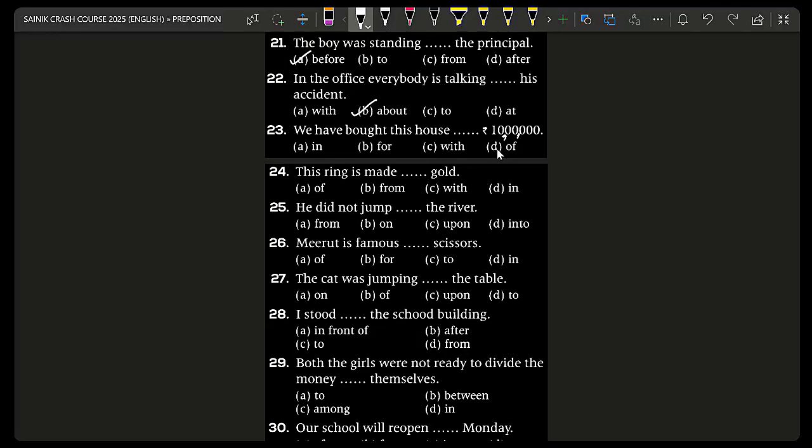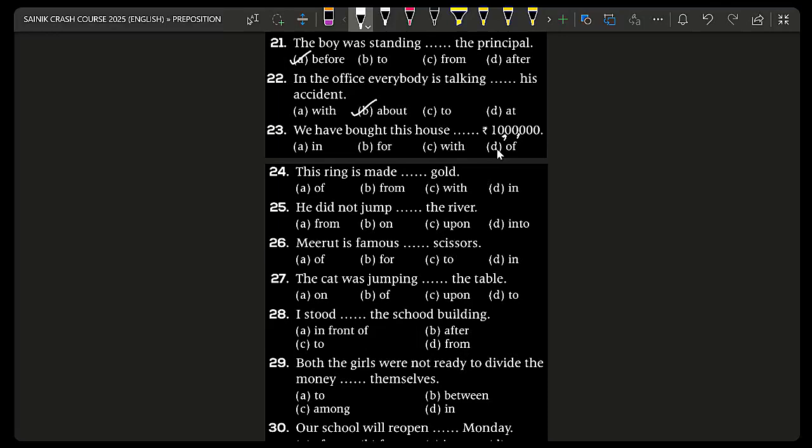How do you read that number? 10 lakh. "With" 10 lakh rupees. Is 10 lakh rupees a tool to do any work? "With" is used for tools of doing any work, like a blade, pencil, pen. Is it like any tool to do any work? No, sir. Then what is the preposition that you are going to use? "Off". No.